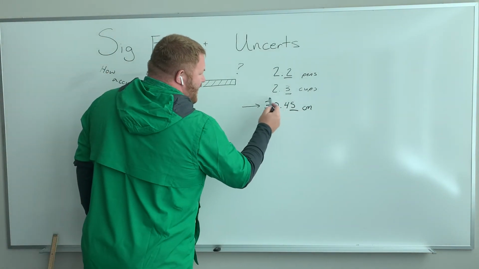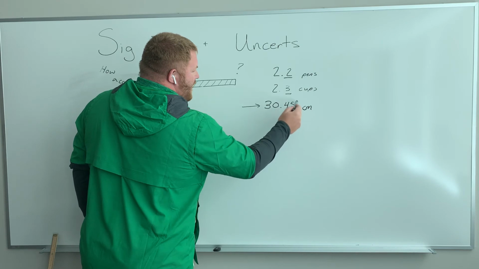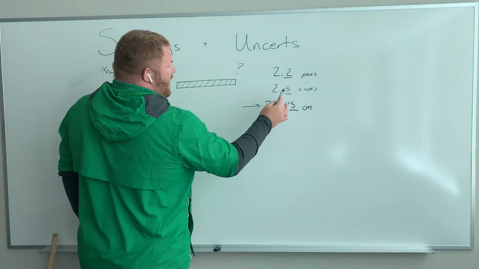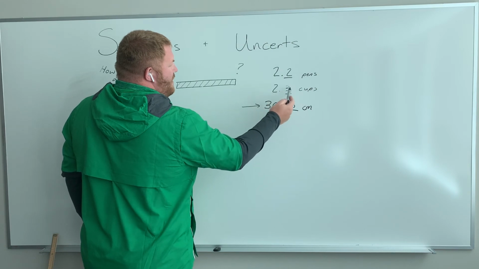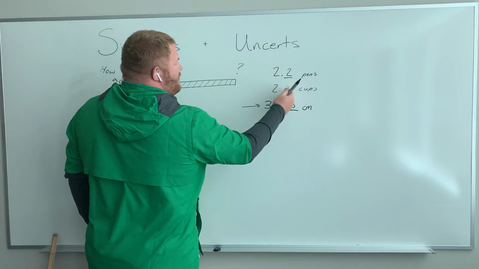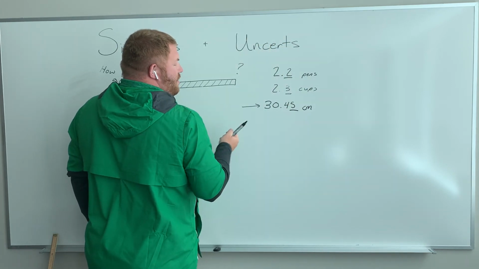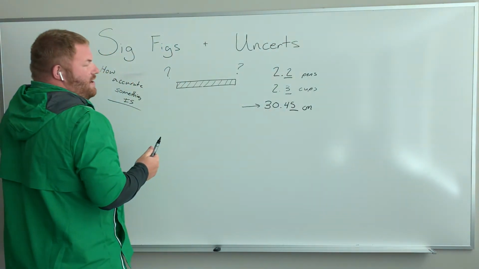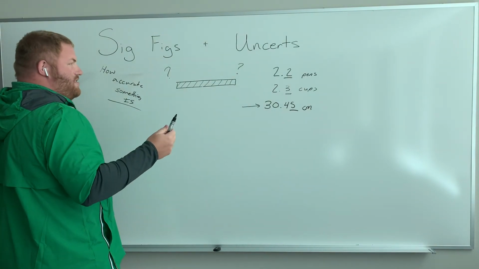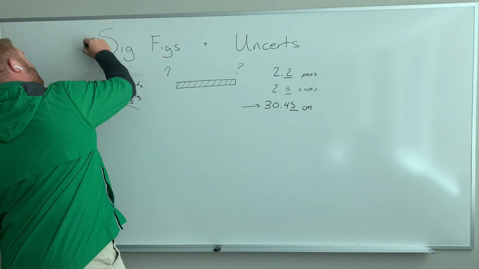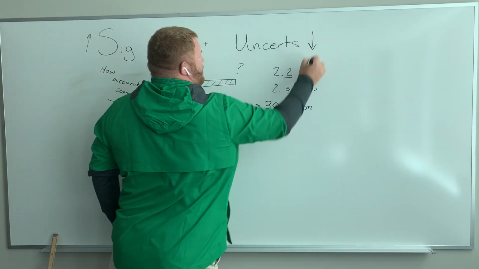This guy has 4 significant figures and only 1 estimated digit. This guy only has 2 significant figures and 1 is already an estimate. So again, 50% of their measurement is uncertain. Only 25% of this guy's measurement is considered to be uncertain. But again, if your significant figures go up, then your uncertainty goes down and vice versa.